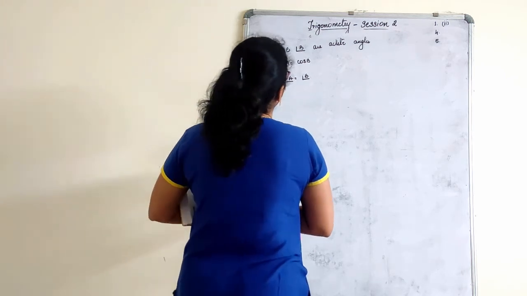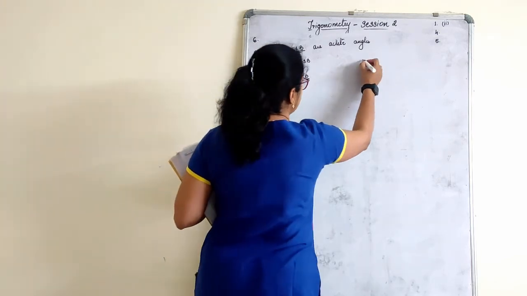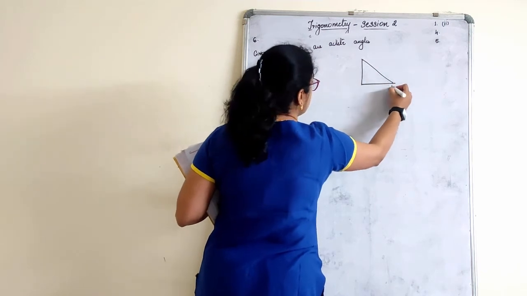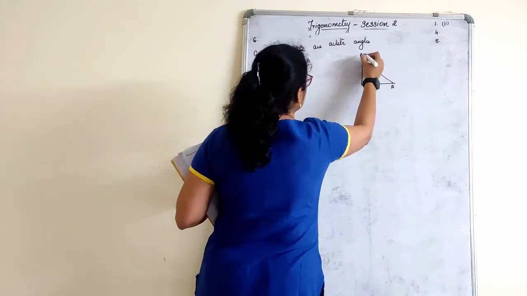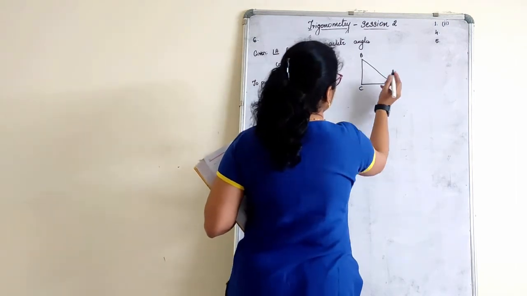Proof. Cos A is equal to cos B. Actually the figure is required, so we'll just have a figure first. With respect to A and B, we'll consider this is A, this is B and this is C, which is 90 degrees, because A and B are acute angles.